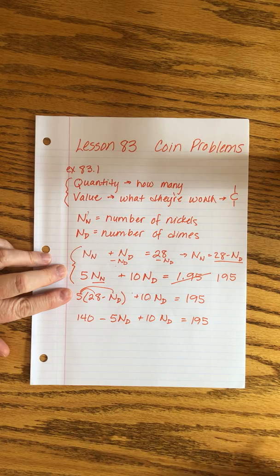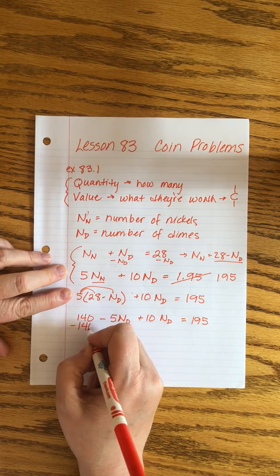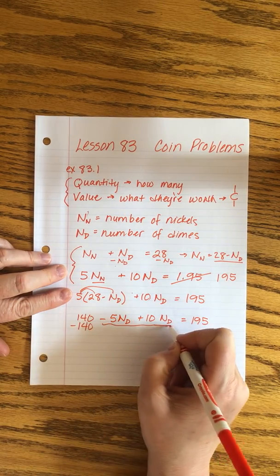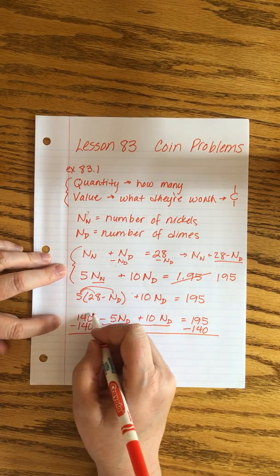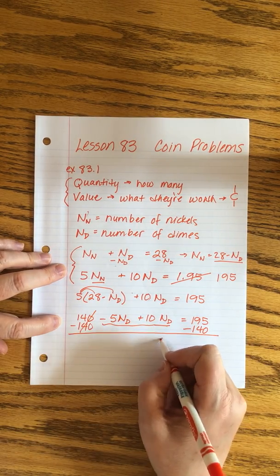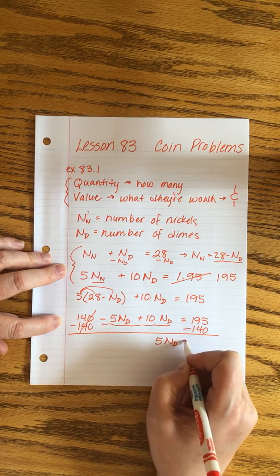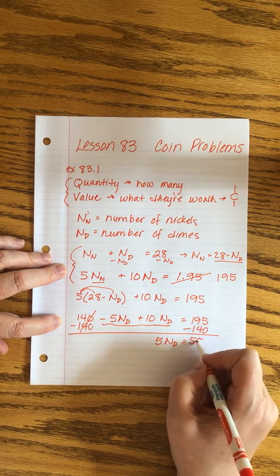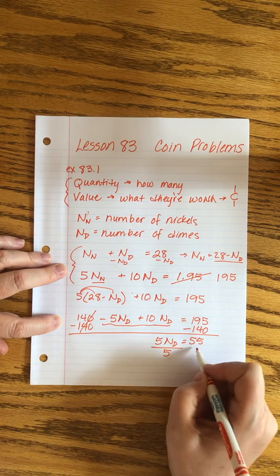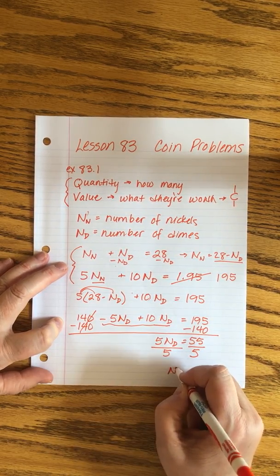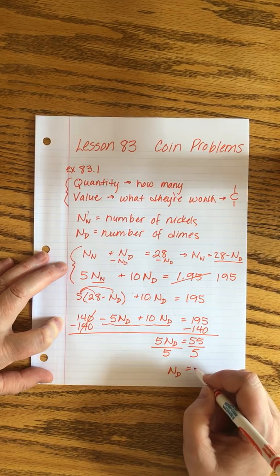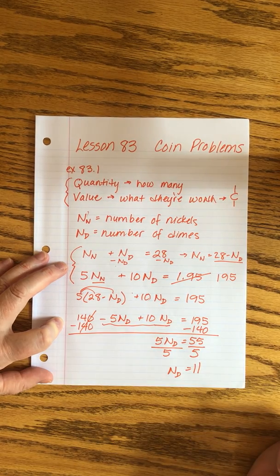So far, so good. I'm going to subtract 140 in the same step that I put those two together. So that's gone. These two combine to 5 times the number of dimes equals 55. Divide both sides by 5, and I get that the number of dimes equals 11.